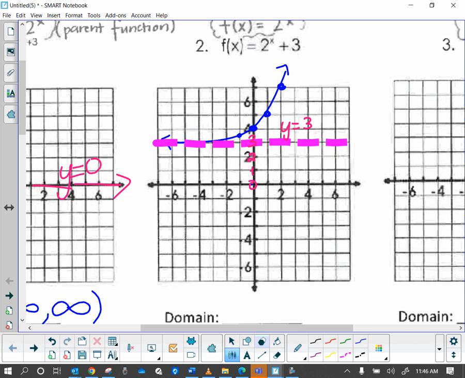Because it's the line that the graph does not go beyond. It's got to be right there where it touches. It's an imaginary line that the graph does not go beyond. Okay?